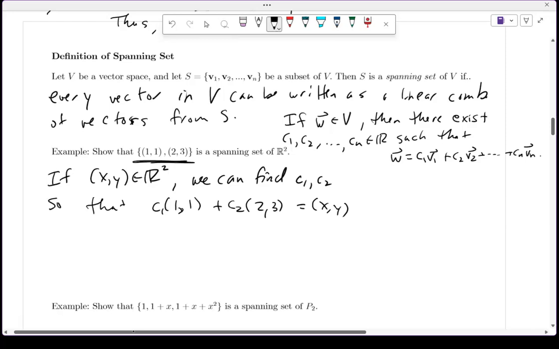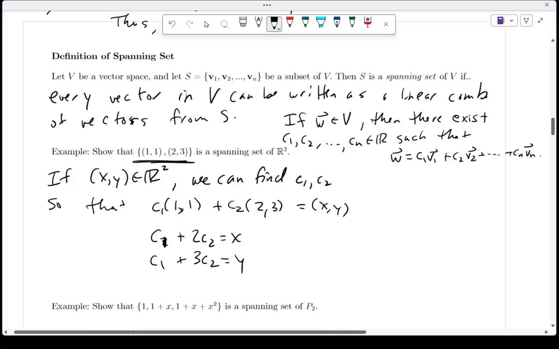Okay? What system of equations would pop up if you tried to solve this? C1 plus 2C2 equals x, and C1 plus 3C2 equals y, right? That's the system you would solve.